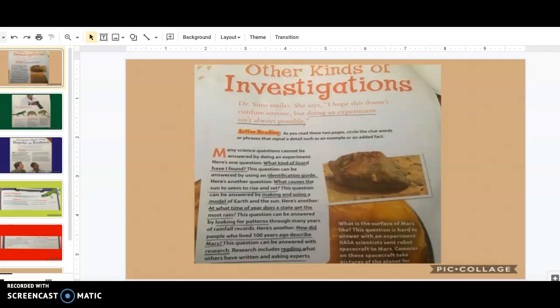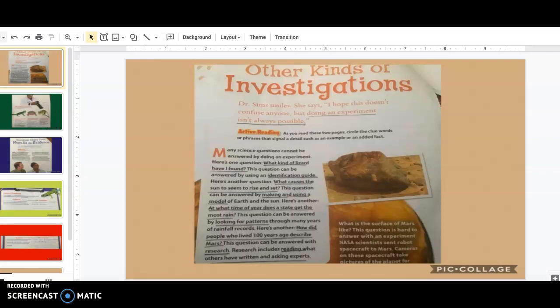So meteorologists keep track of how much rain falls every day of the year, and then the meteorologists could observe those patterns, observe the data and look for patterns to see if they can find anything that would answer that question.